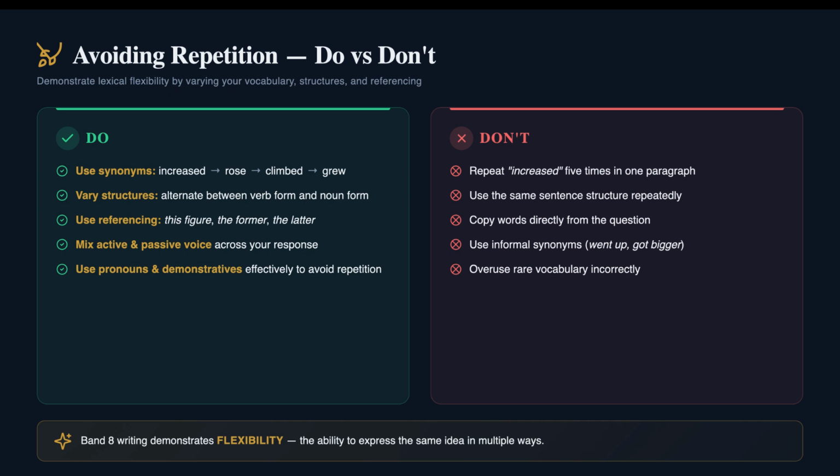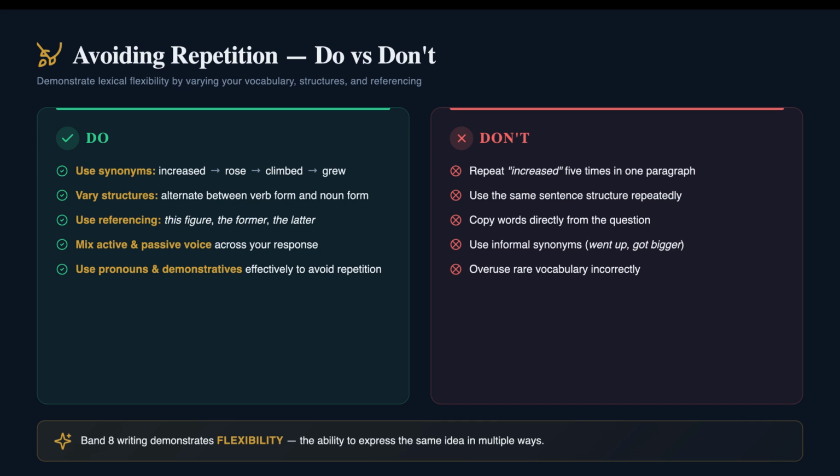Okay, let's look at the don'ts. So, repeating increased 5 times in one paragraph. This is the mistake of a lot of IELTS candidates who are not good English users, not competent English users. They tend to repeat the same verb or words multiple times in their writing.